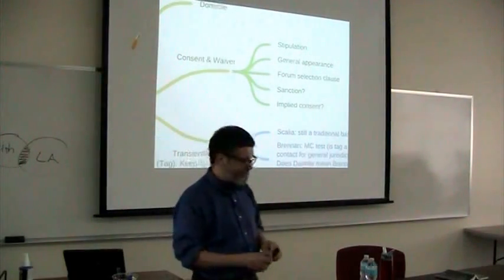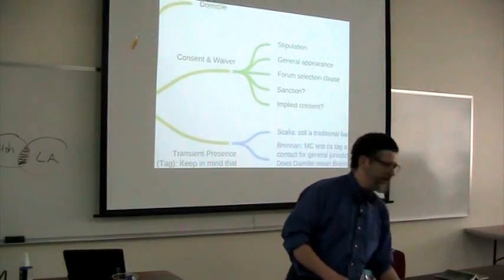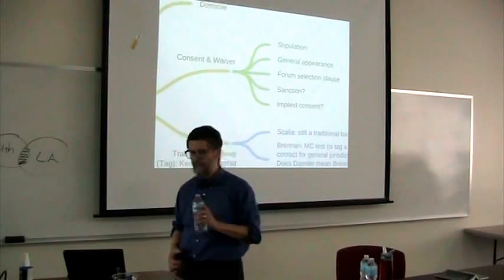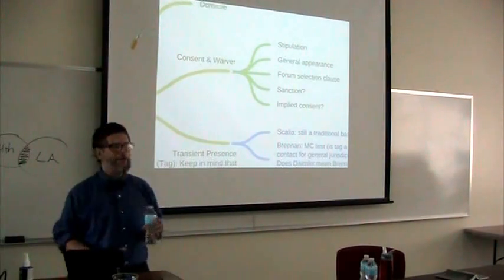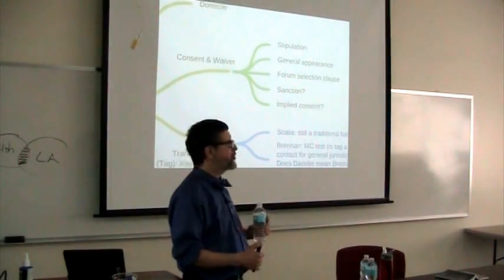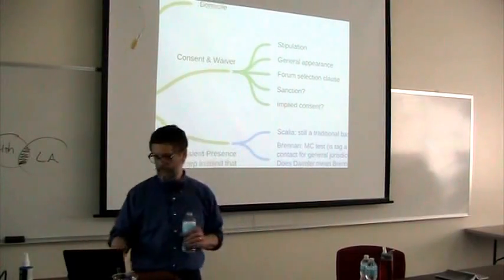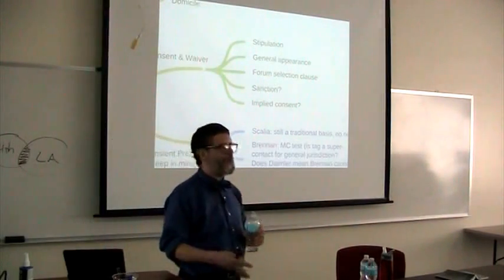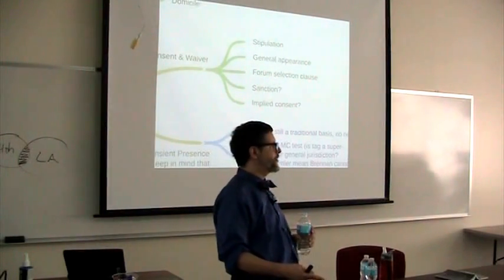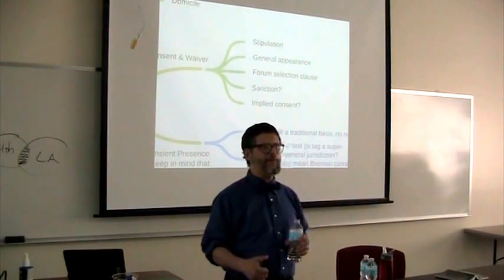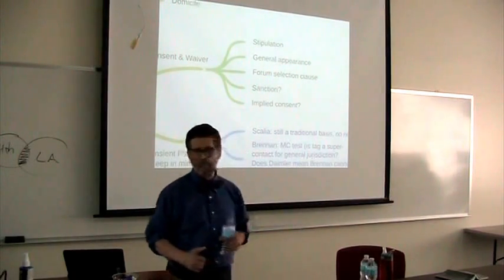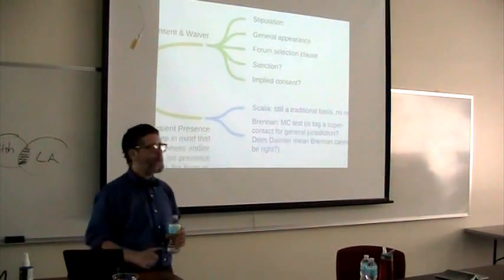Another traditional basis is what I call various flavors of consent and waiver. All right? For example, the parties stipulate to jurisdiction in a particular state. Or the defendant shows up and makes a general appearance, right? They show up and just start litigating on the merits without objecting to personal jurisdiction. Or there's a forum selection clause.